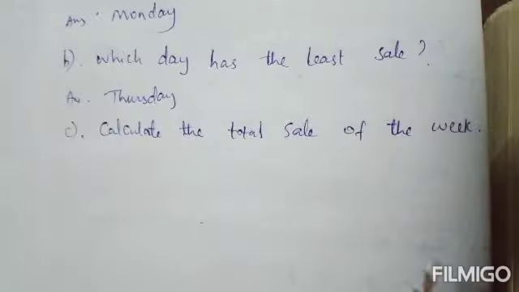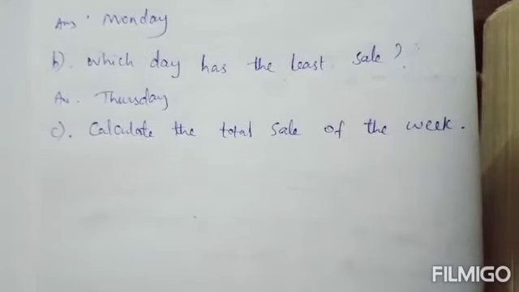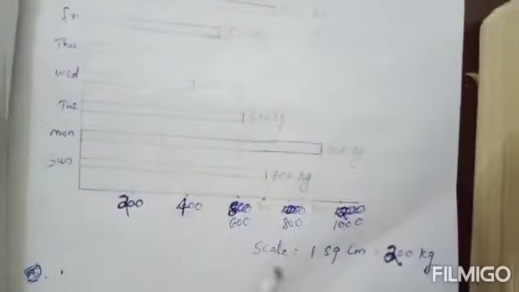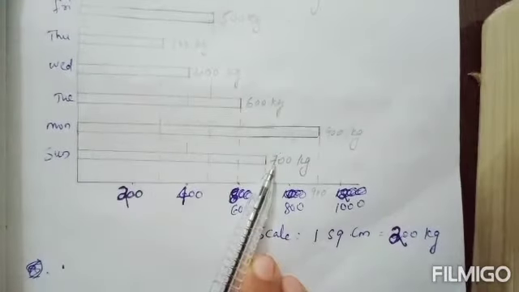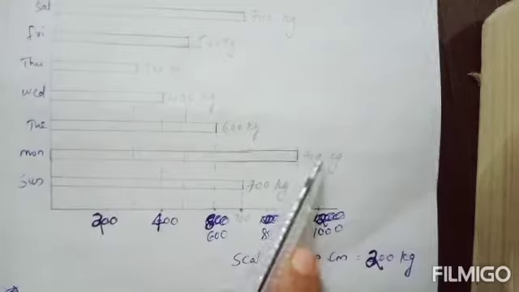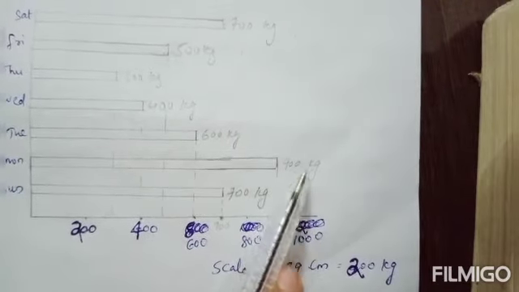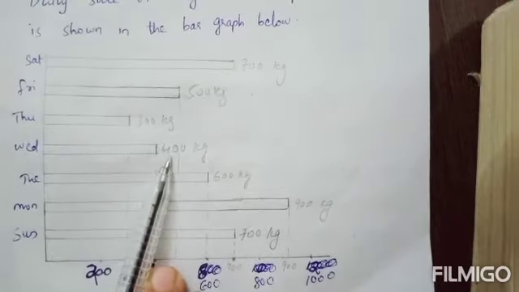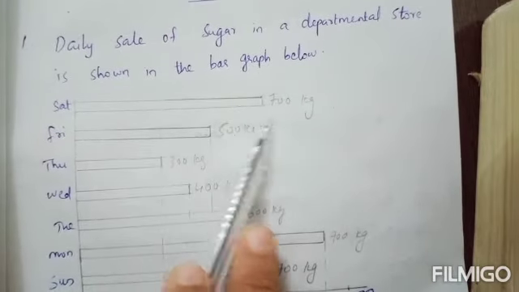Next, C. Calculate the total sale of the week. In order to find that, you have to add how many kilograms were sold each day: Sunday 700 kilogram, Monday 900, Tuesday 600, Wednesday 400, Thursday 300, Friday 500, Saturday 700.